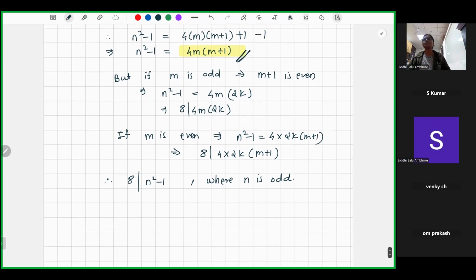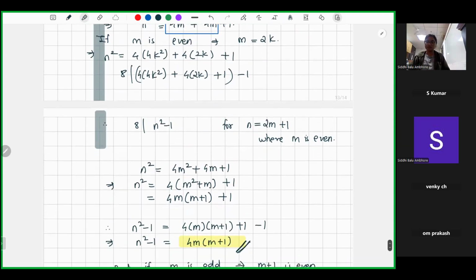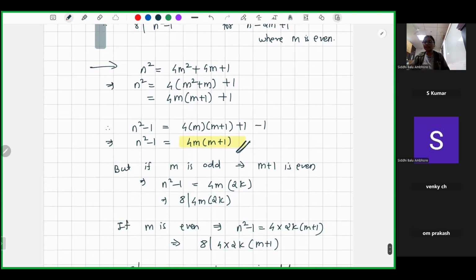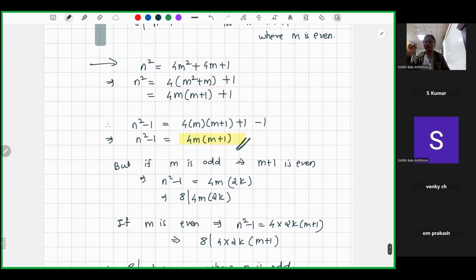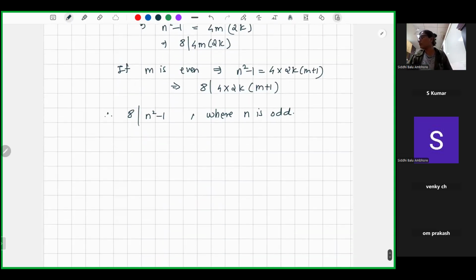Any doubts here? We don't need to go through the earlier section; we can start directly from here. Okay. Any doubts? No doubt. Okay. Now we are almost there.